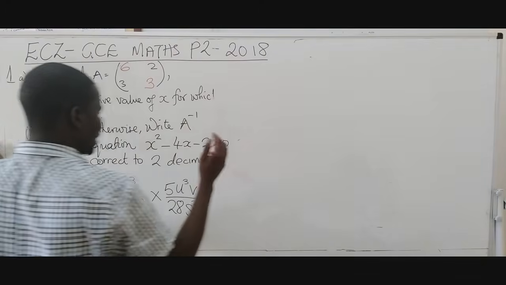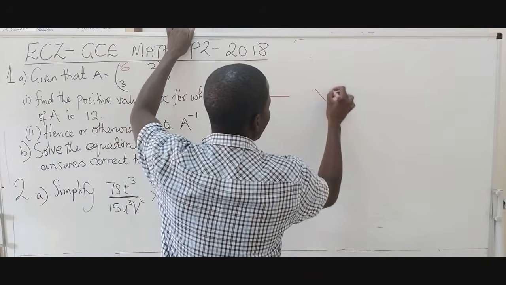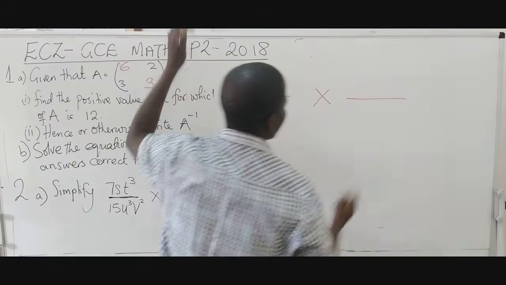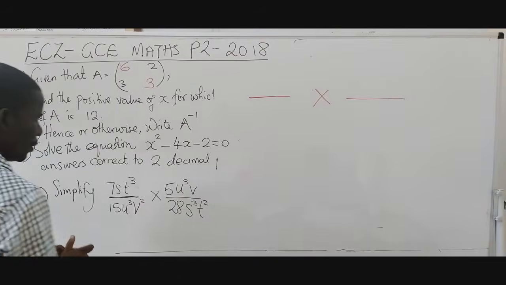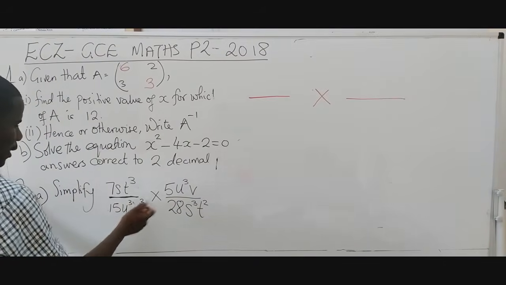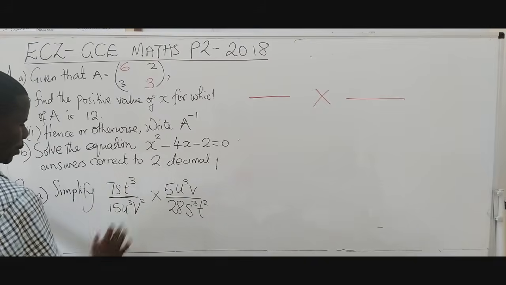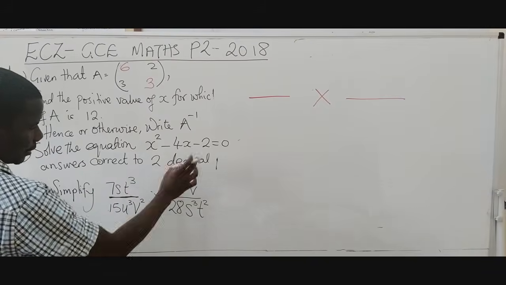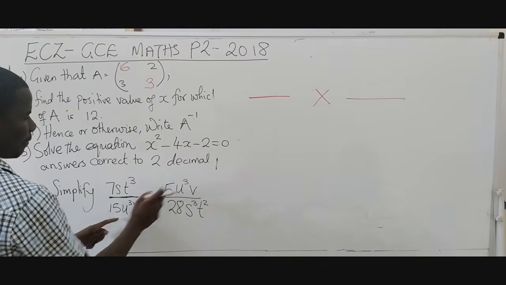The easiest approach is to multiply by another one here. Is there anything that is common here? We do not have. Also this side, we do not seem to have. Then we can now cross check here.